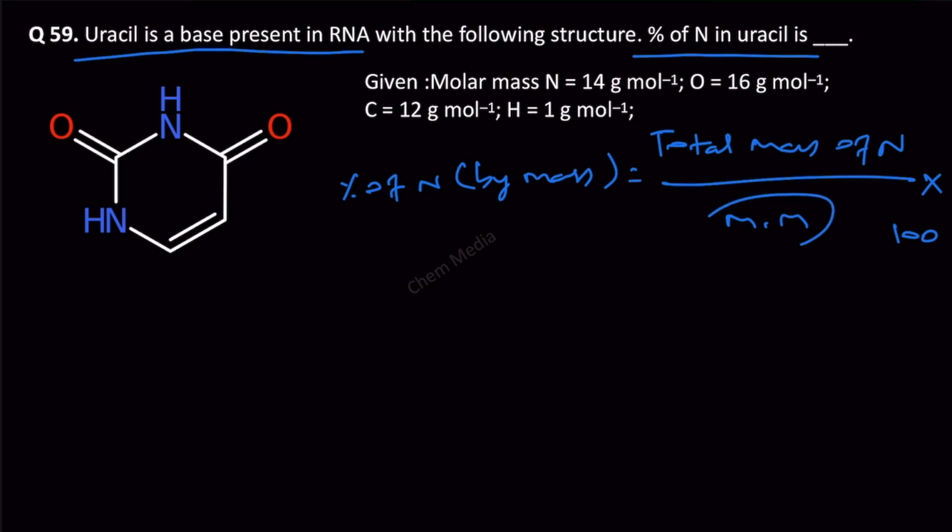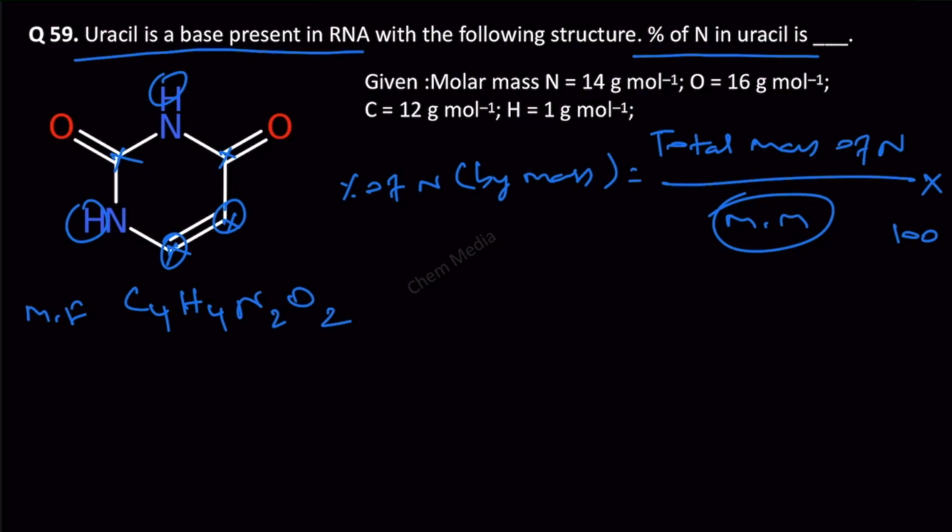Now we need to find out the molar mass. We have how many carbons? 1, 2, 3, 4. 4 carbons are there. So let's find the molecular formula first, C4, and then 4 hydrogens are there, because 1, 2, and then 3, 4, and then 2 nitrogens are there, 2 oxygen atoms are there.